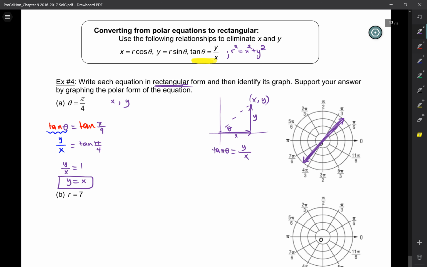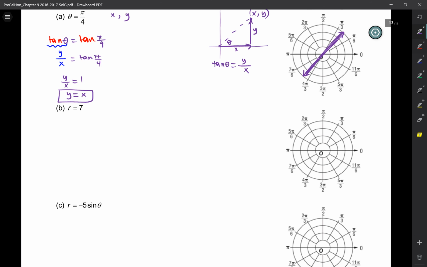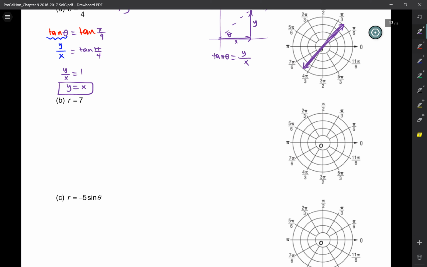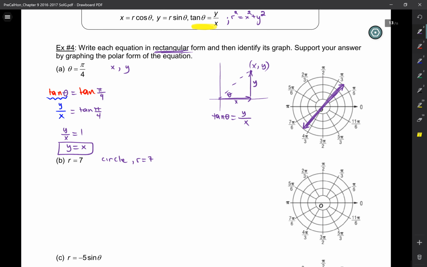Okay, so now, r equals 7. What shape is that? That's a circle, right? It's a circle with radius 7. So how do we connect r to our x and y? What's the connection? r squared is x squared plus y squared.